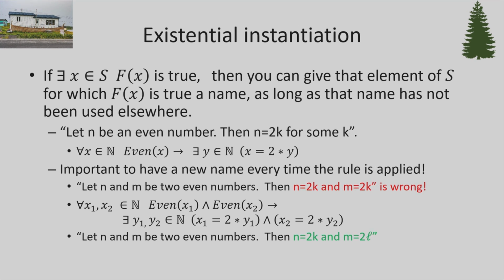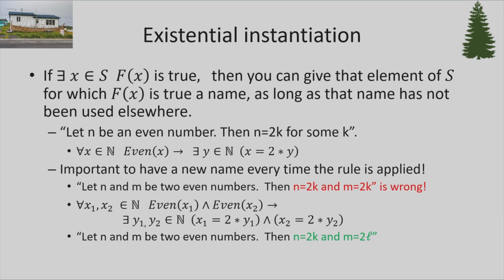First time you're applying it to n, and the second time you're applying it to m. And every time you apply the rule, you need to introduce a new name. Again, remember, the name is just a name. I could call the thing a k, I could call the thing an s, I could call the thing really whatever I want, as long as I don't call it something like four or person.